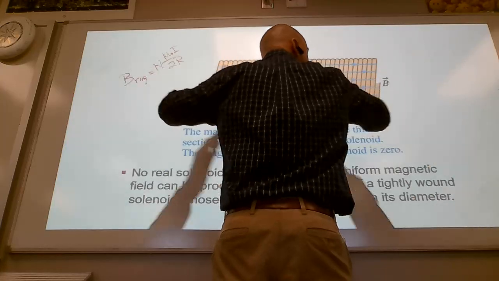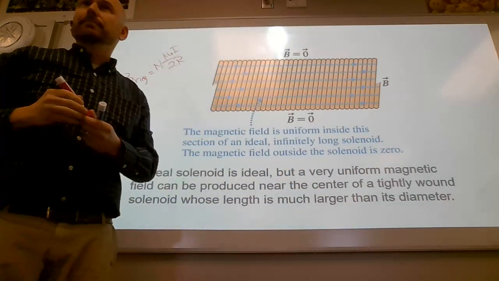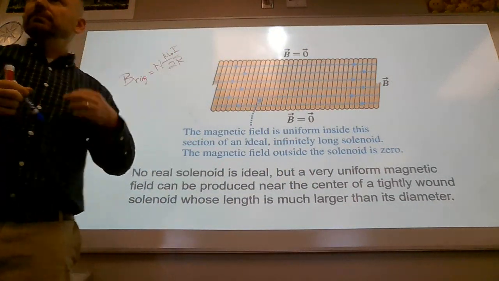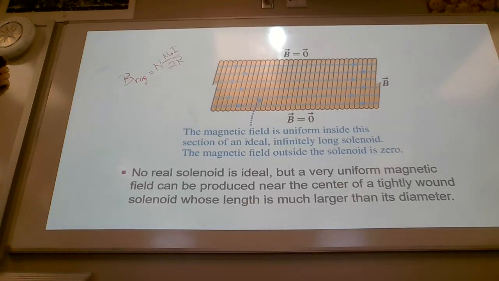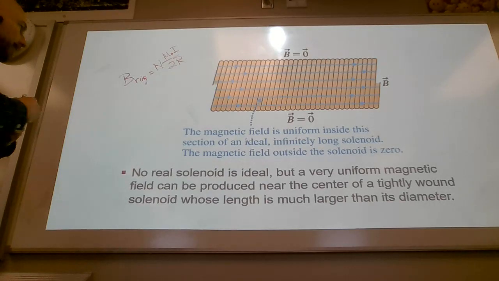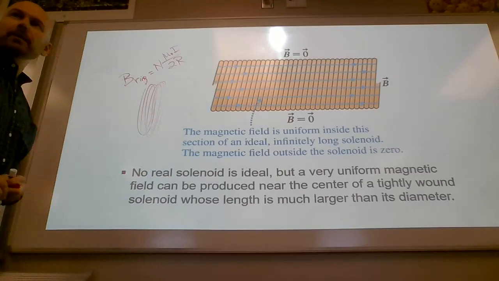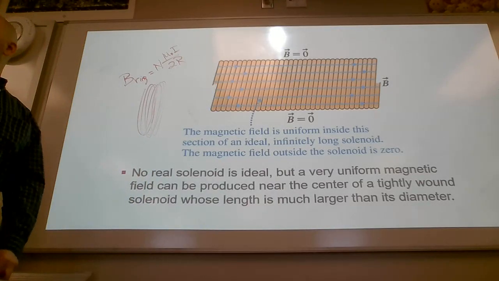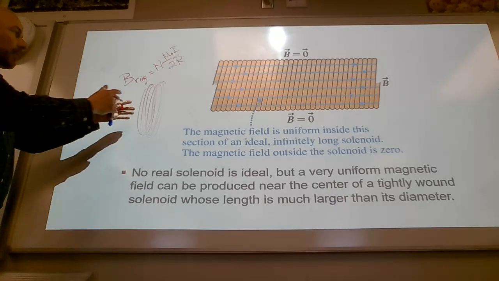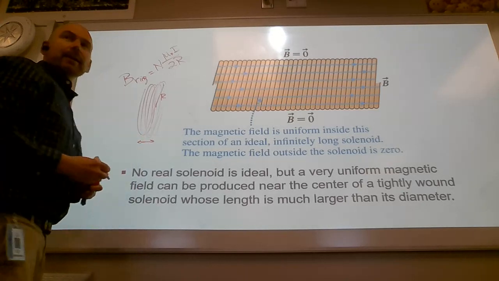If the radius is a lot less than the length, use a solenoid. If it's really short, where the radius is significant compared to the length, use rings.